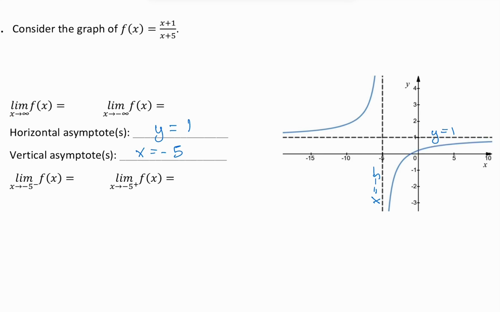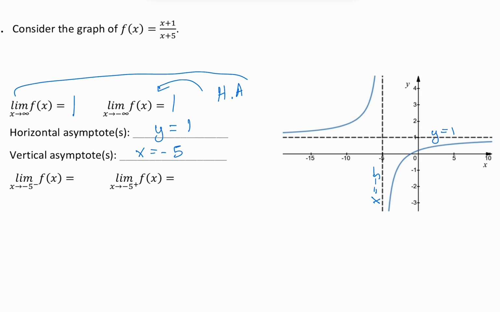So this value is 1. As x goes to the far left, or going to negative infinity, we can see it approaches that same horizontal asymptote, y equals 1. So these are our horizontal asymptotes.